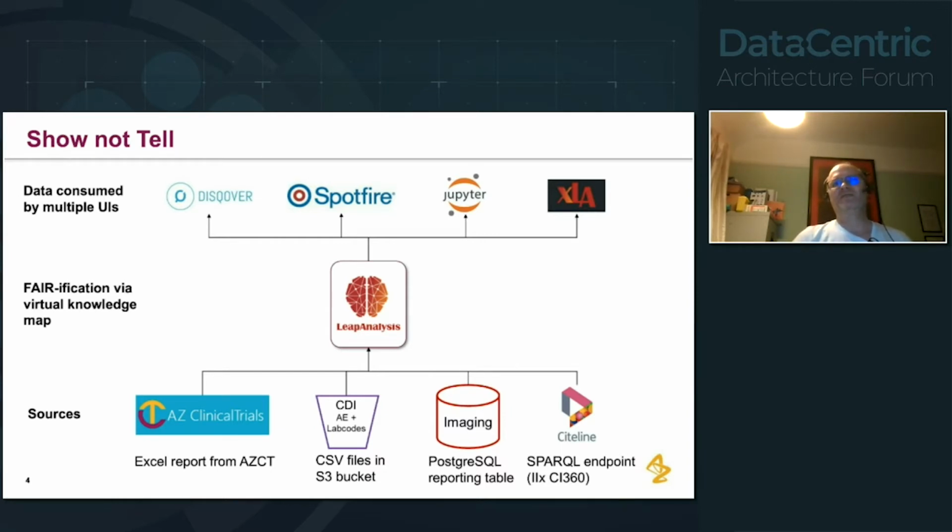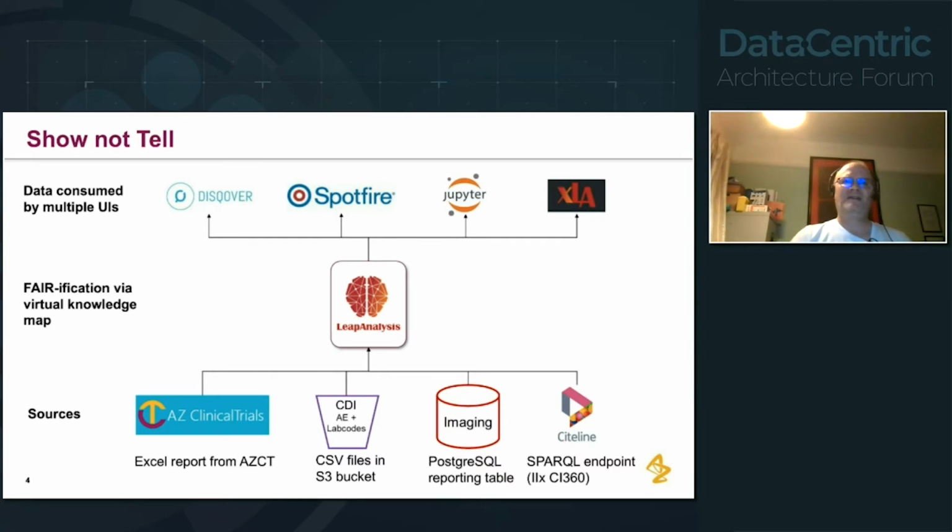What we generated was profile data, so it wasn't about individual subjects, but it told you the number of times, say, an adverse event occurred in that clinical study. In that process, we did enrichment, so we applied clinical standards, aligned across the studies, and also ensured that we had the AZCT, that standardized ID for clinical study, in there as our key join.